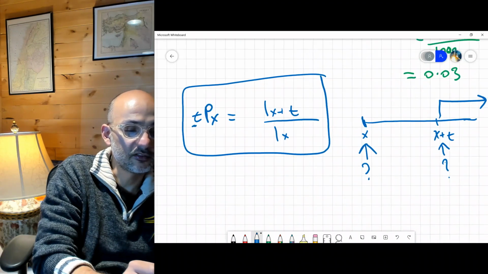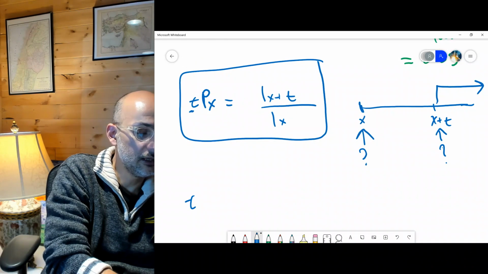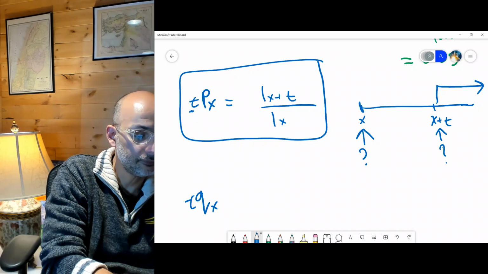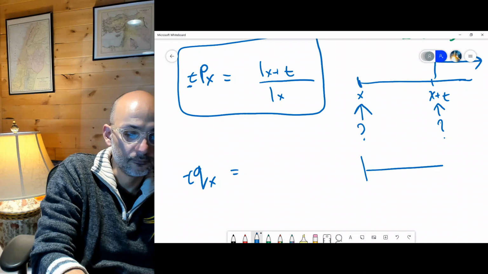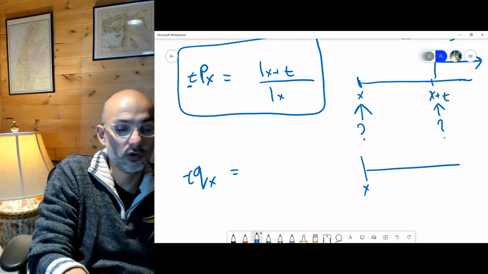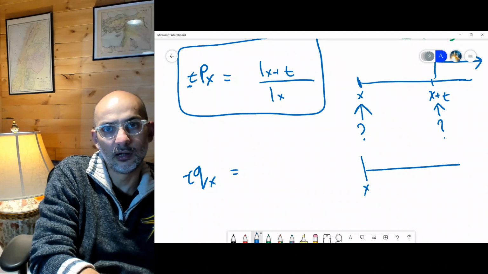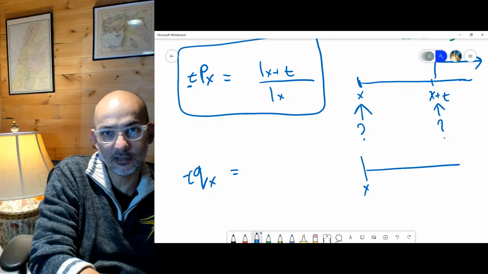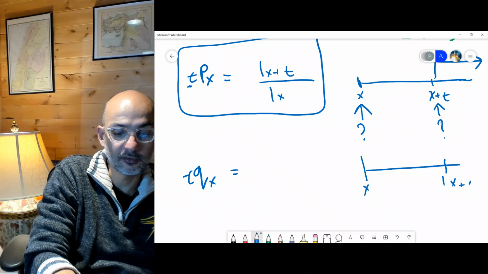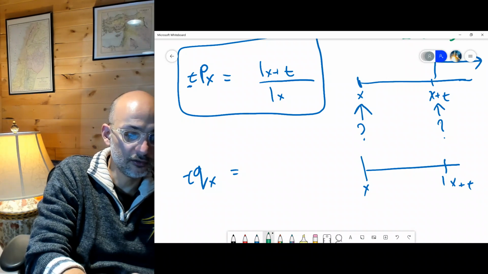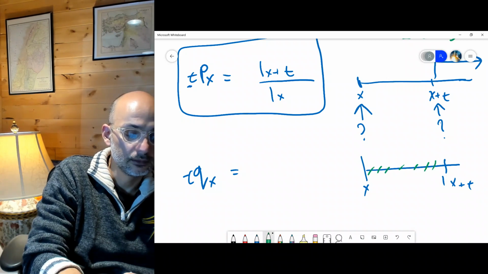Simple. And similarly, you can think of tqx. Let's visualize it. Now this is x, and we want, within t years from age x, how many people died, not survived. So this is L(x+t), and what we need here is the deaths.